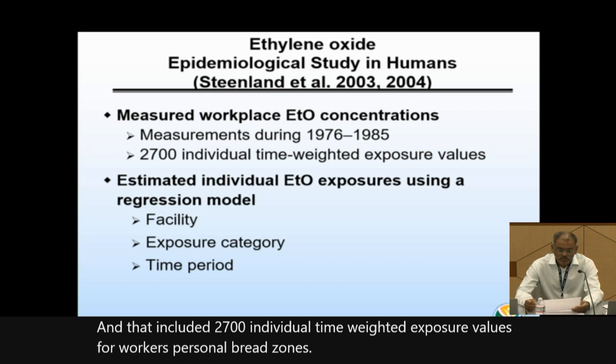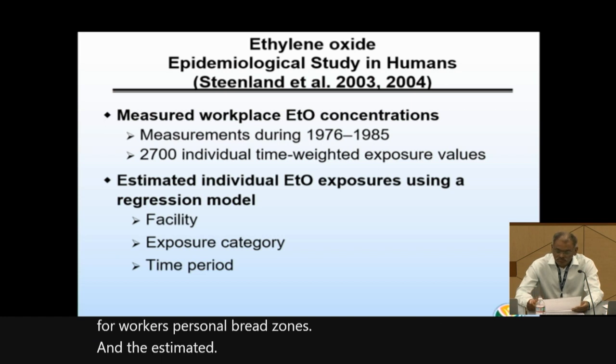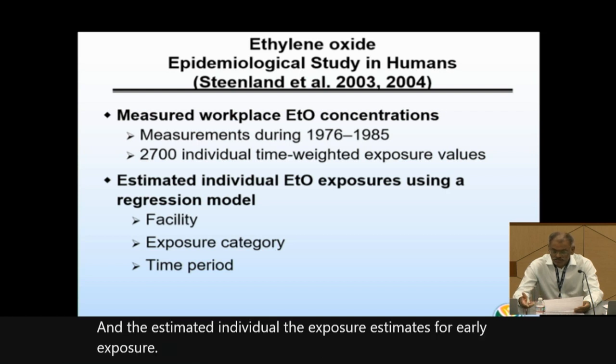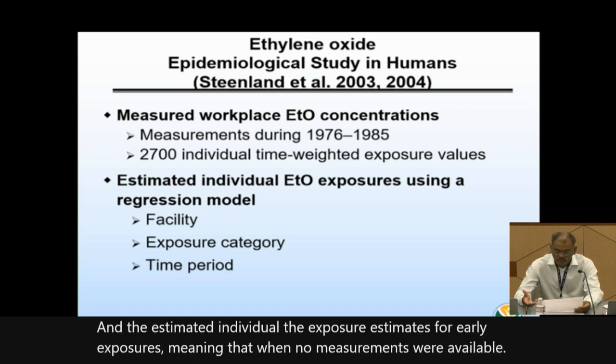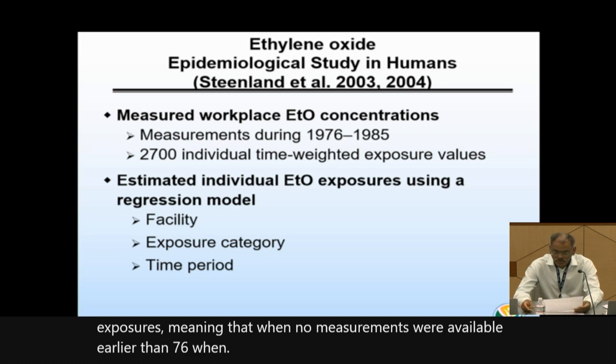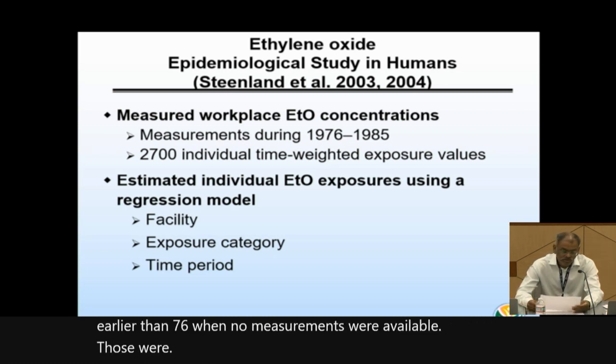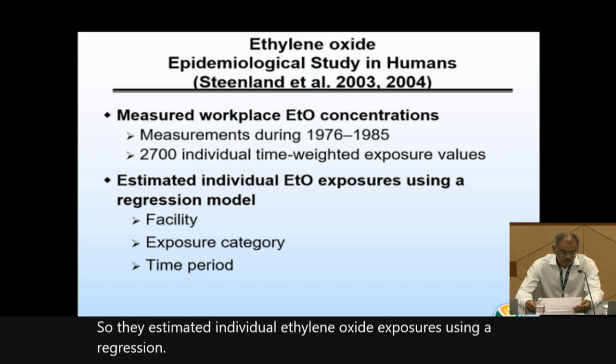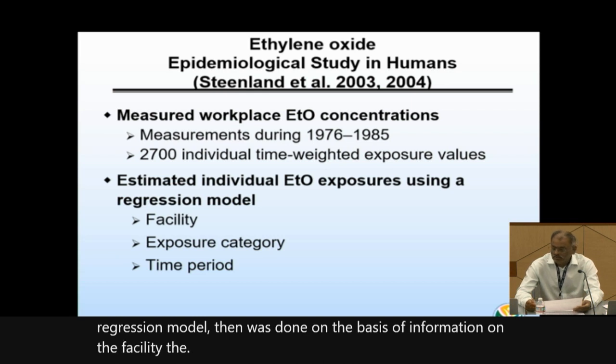The exposure estimates for early exposures, meaning when no measurements were available, earlier than 1976, were determined using a regression model, on the basis of information on the facility, the exposure category, and time period.